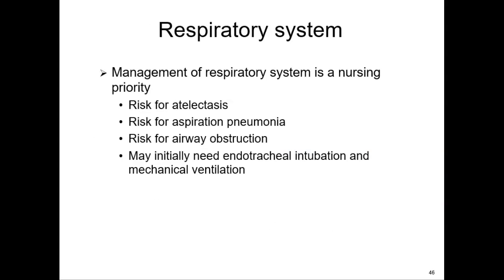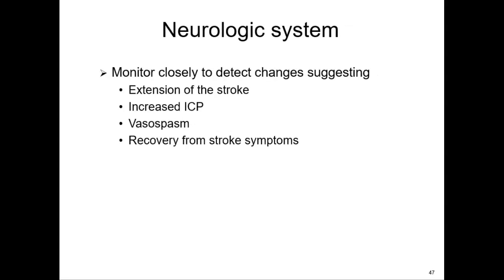Okay, management of the respiratory system is a nursing priority. They're at risk for atelectasis, aspiration pneumonia, airway obstruction. They may need to have mechanical ventilation. This is just the systems we're going through real quick.